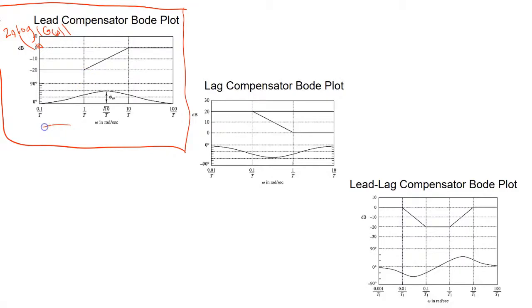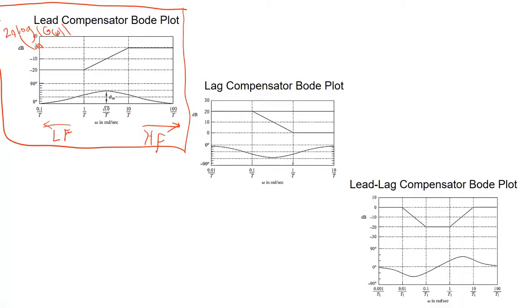This is lower frequency, right? And these are higher frequencies. So in lower frequencies, you have a small magnitude. In higher frequencies, you have bigger magnitude. Have you ever seen that in any of your courses?